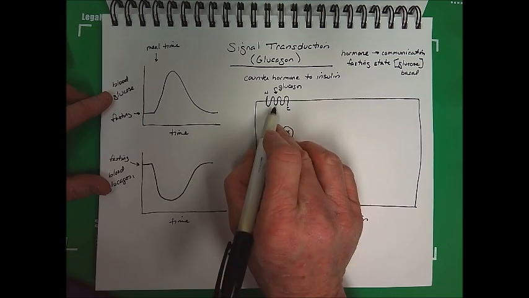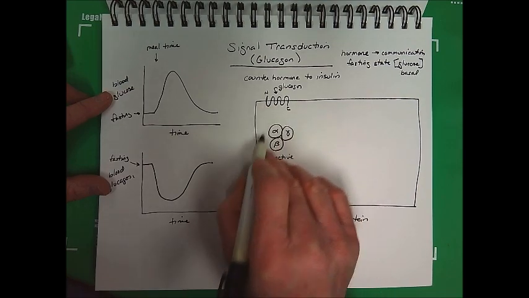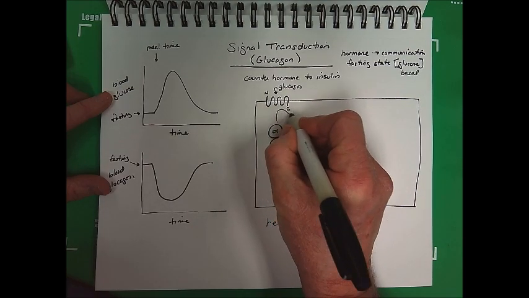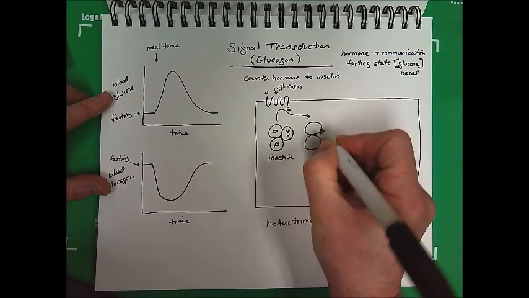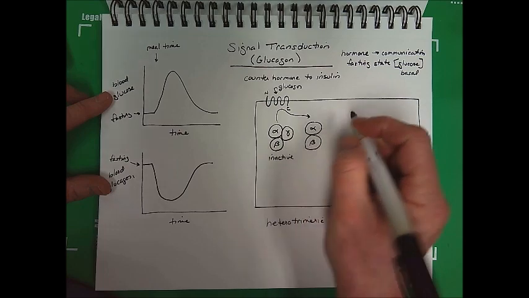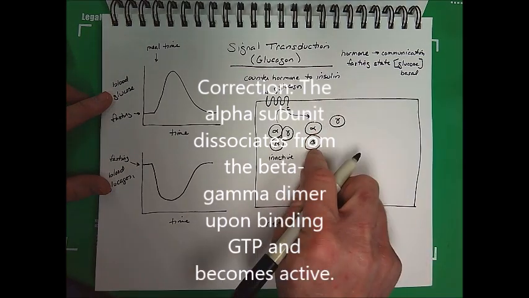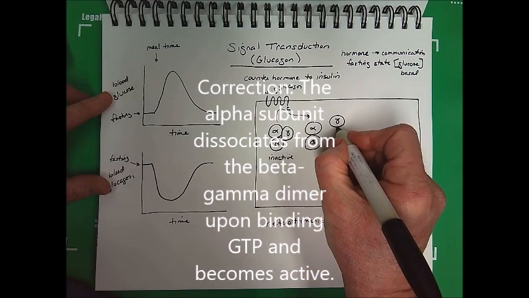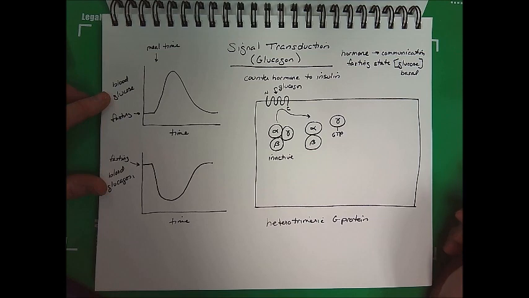When glucagon binds to its receptor, the receptor now interacts with this heterotrimeric G protein and causes the gamma subunit to dissociate from the alpha beta. It does this by binding a small molecule effector called GTP.